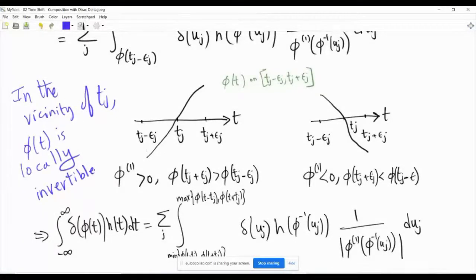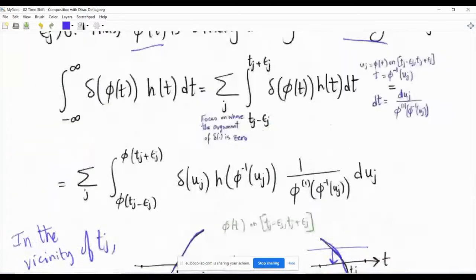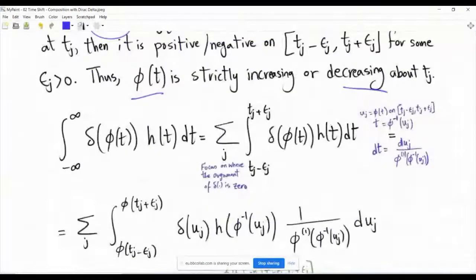Okay, this function now becomes an injective function. So it is invertible. If you know the value of the function, there is one value for t corresponding to one value of the function. Okay, so this is why we require the first derivative to be continuous.